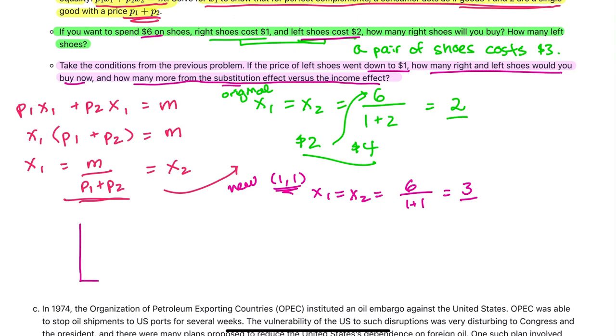So we're still thinking of this diagram, x1, x2, and we have this first budget constraint, and we're buying this, 2, 2. And then we have a second budget constraint right here, and we're going to buy 3, 3.